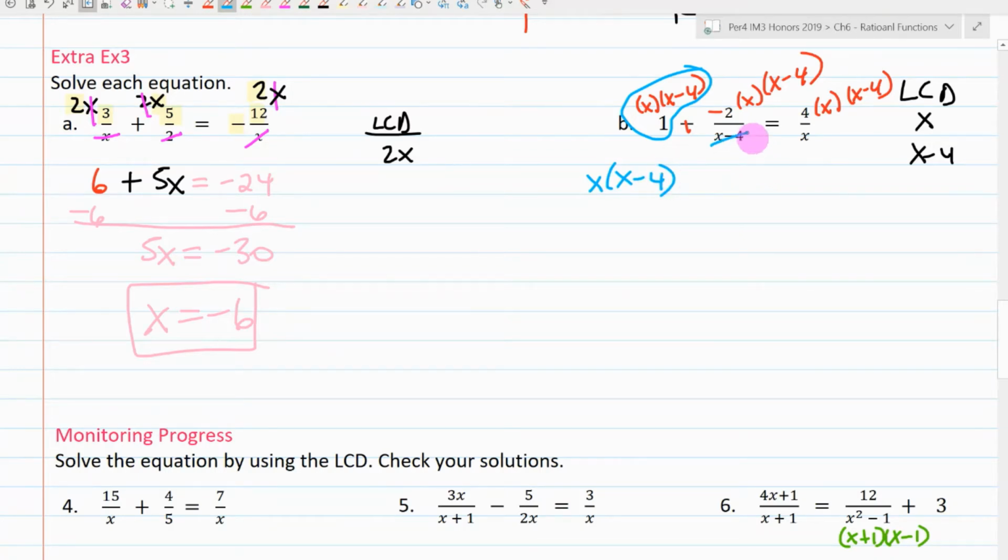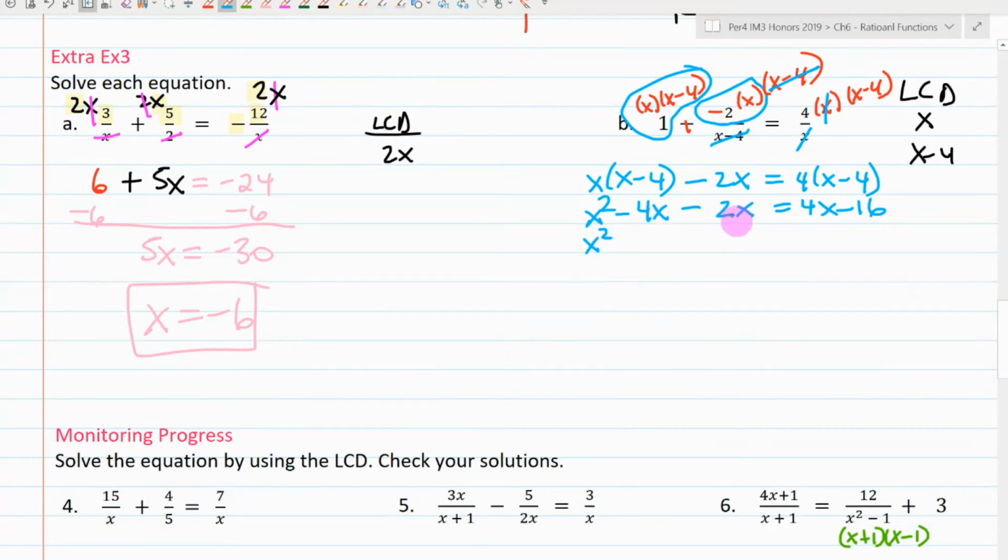For the second one, the x minus 4 cancels, so you're left with this. And for the last one, the x cancels. So I have a 4 and an x minus 4. So x squared minus 4x minus 2x, 4x minus 16. This is x squared. If I combine those, minus 6x.